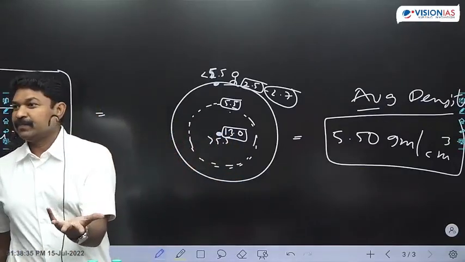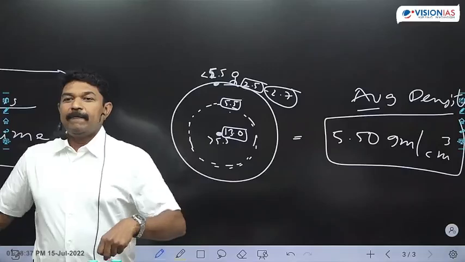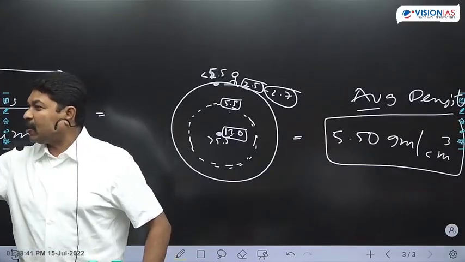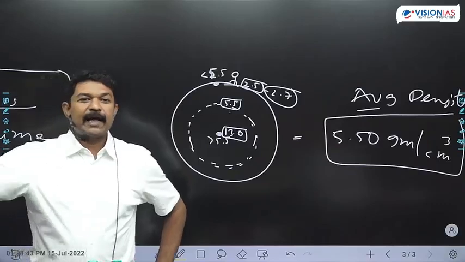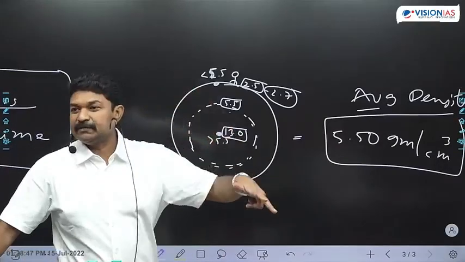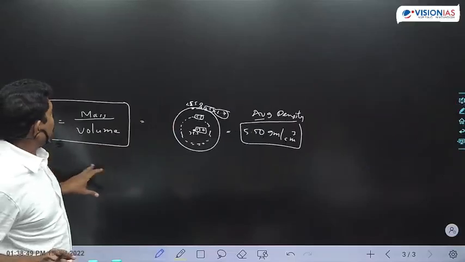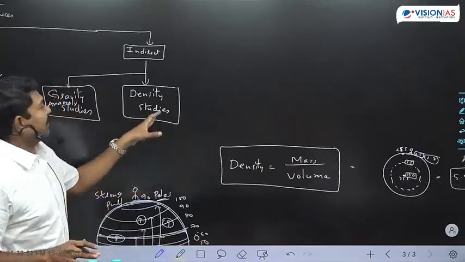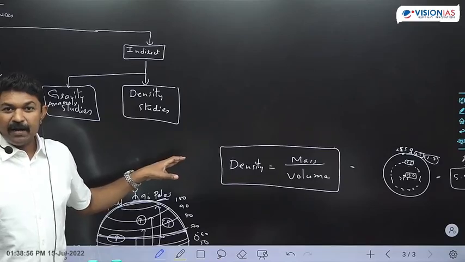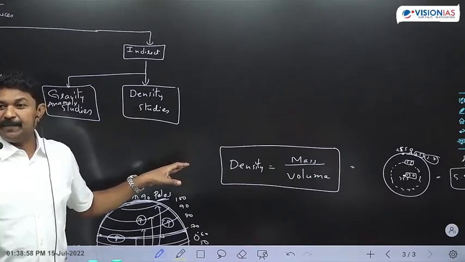But what they believe is, whenever the average density is 5.5, definitely at the center the rock should be of 13 grams per cubic centimeter density. That is the inference, called the density studies. This is how people came to know about the density variation in the deep inner layers.